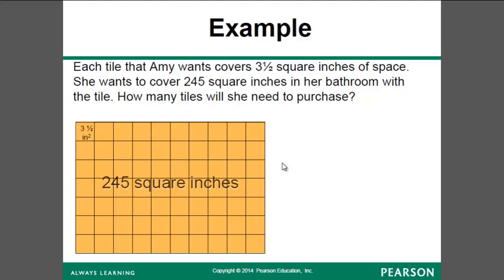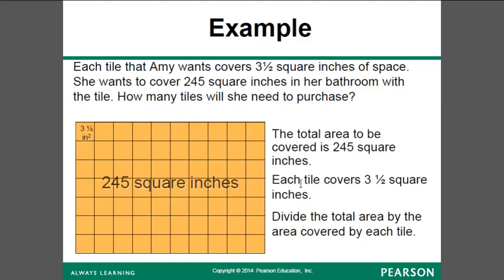Okay, let's think about this. The total area of her bathroom is 245 square inches. Each little bitty tile covers 3.5 square inches. So how many tiles do we need to put in here? I'm taking this entire amount and dividing it into these little bitty amounts.